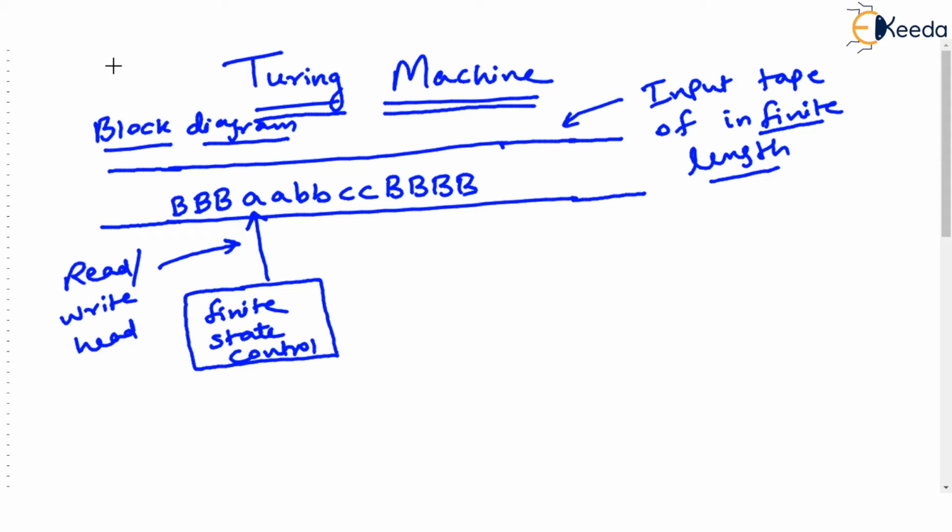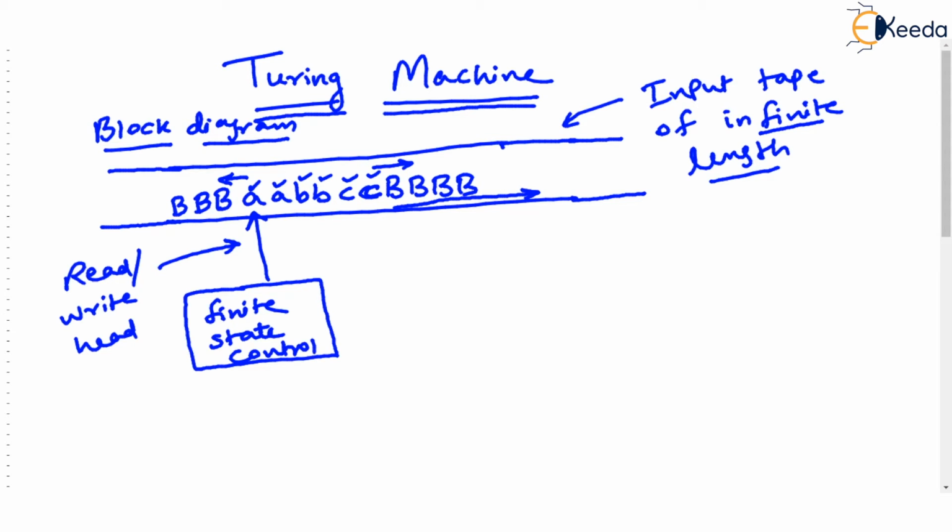Now you just check: the input symbols which are actually stored on this tape are surrounded by some special symbol called the blank symbol. So you can imagine that before the input starts, and after the input ends, there is an infinite number of blanks.